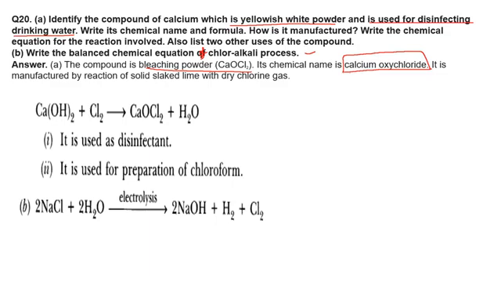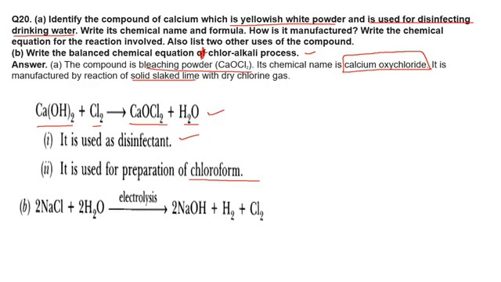It is manufactured by the reaction of solid slaked lime, Ca(OH)2, right? Slaked lime is calcium hydroxide. When it reacts with chlorine, it gives you bleaching powder, which is a yellowish white powder, and water. This is used as a disinfectant in water, in swimming pools, right? And it is also used for the preparation of chloroform.